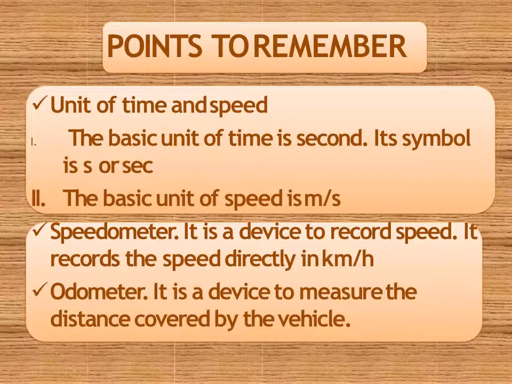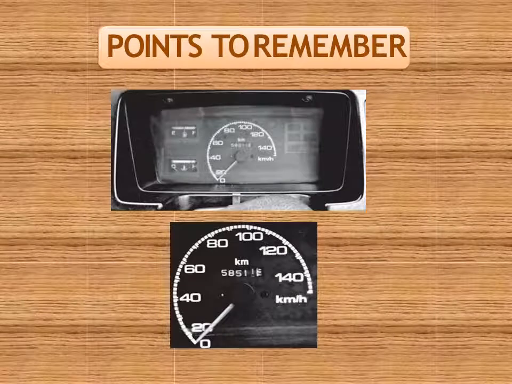Okay. Let's move and see another slide. Look, here is the speedometer. It starts from 0 to 140, and in some cases we have 180 also, and in small scooters or scooty we have 120.